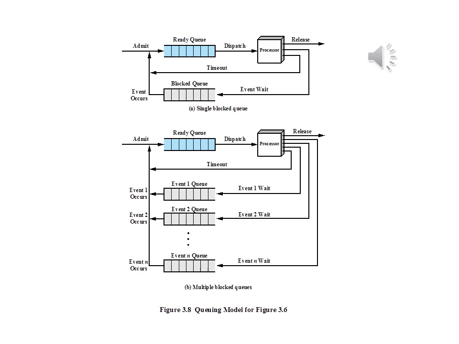As each process is admitted to the system, it is placed in the ready queue. When it is time for the operating system to choose another process to run, it selects one from the ready queue. In the absence of any priority scheme, this can be a simple first-in, first-out queue.